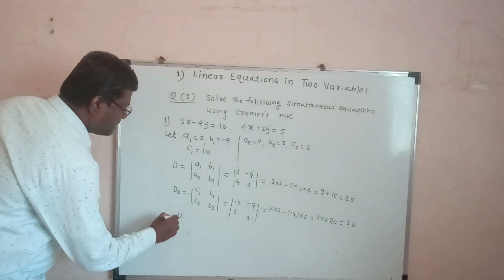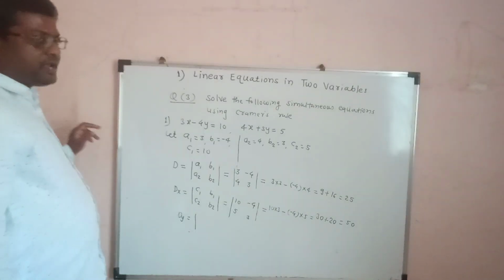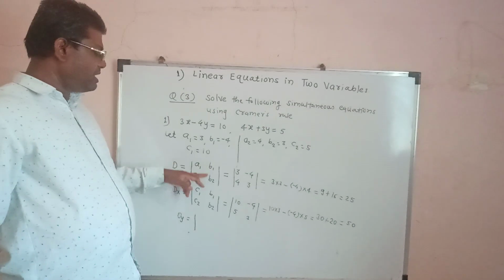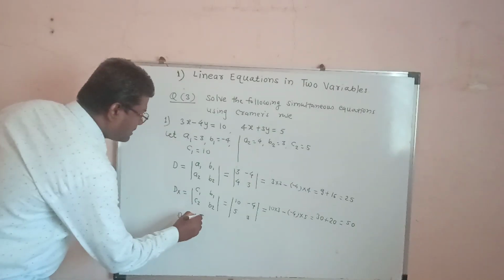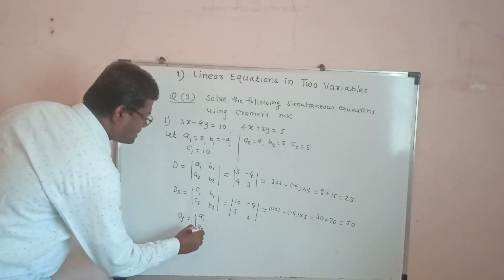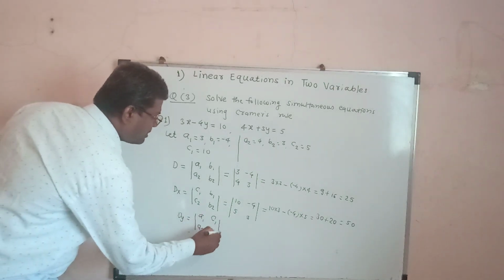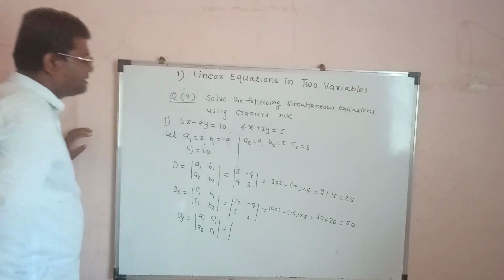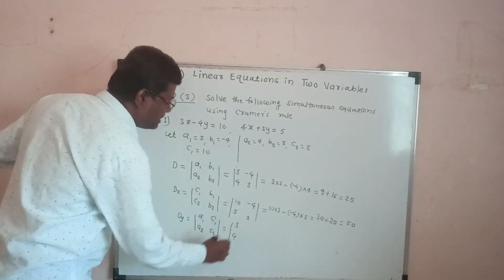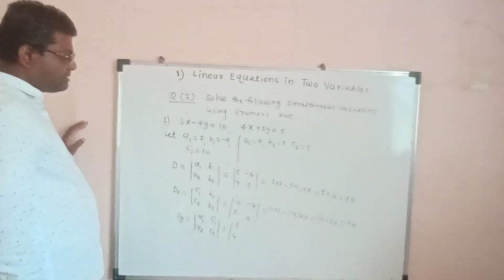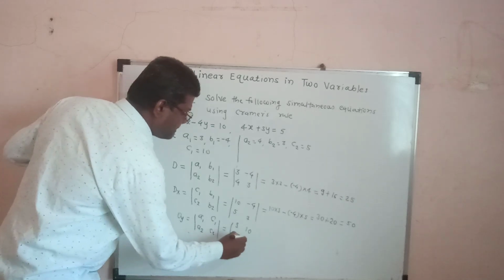Now Dy is equal to the determinant where we replace b1, b2 by c1, c2. So we write a1, a2 in the first column and c1, c2 in the second column. Therefore a1 is 3 and a2 is 4, and c1 is 10 and c2 is 5.